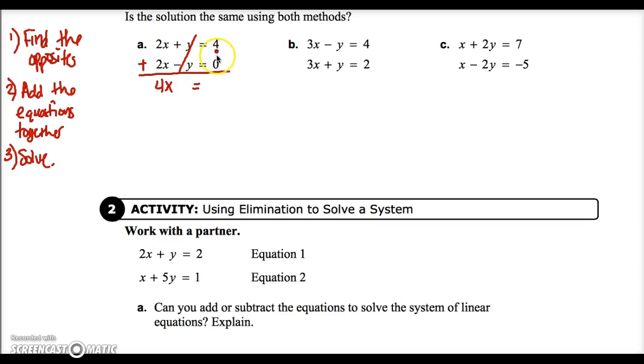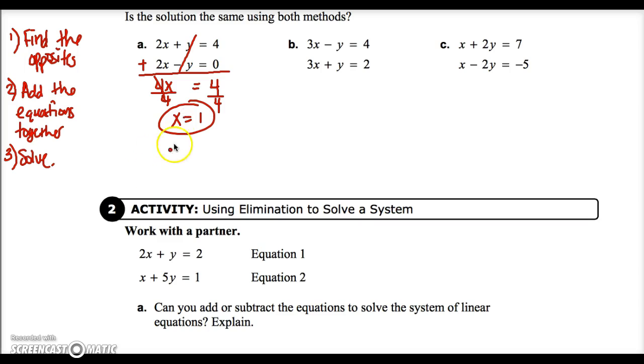Equals 4 plus 0 is 4. So I have added them together, and notice what I have done is I have eliminated the y. Hence the name, solving them by using elimination. So then we just solve this for x. Well, this says 4 times x, so to get rid of it, I'm going to divide by 4. So x equals 1.